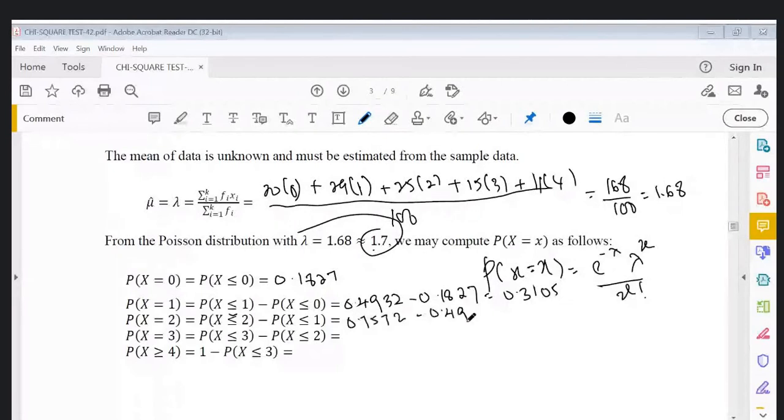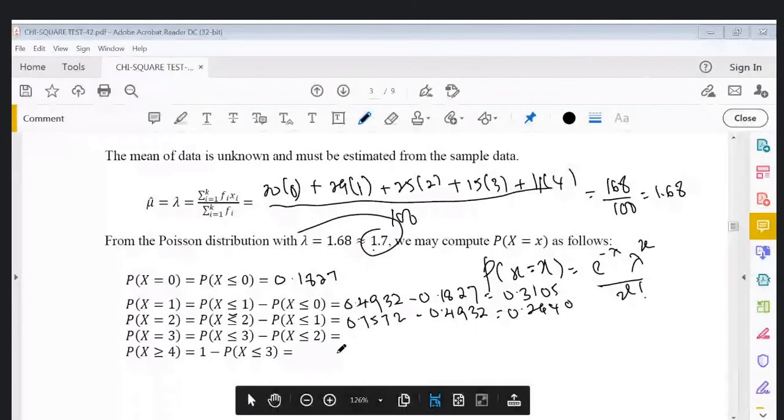For X equal to 3, we get 0.9068, minus 0.7572.